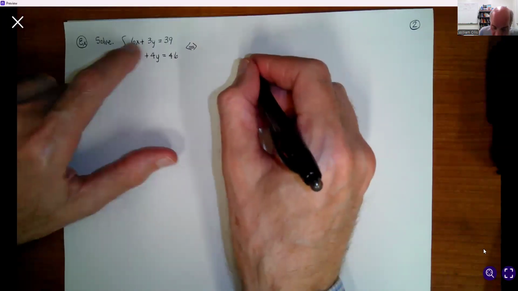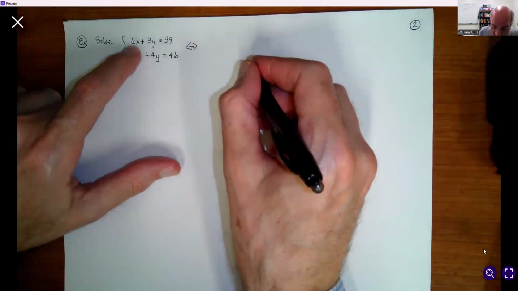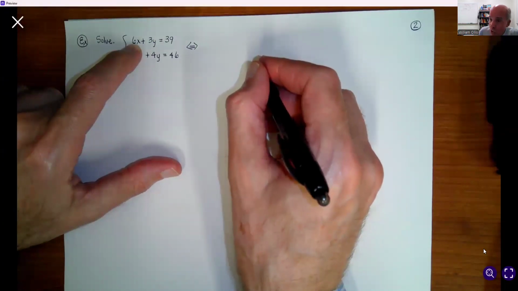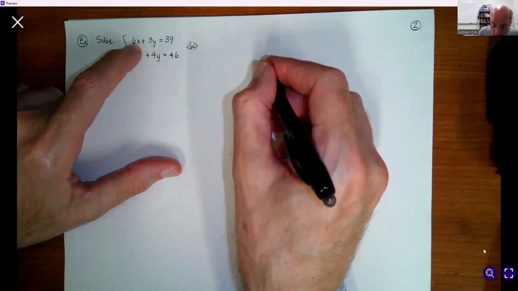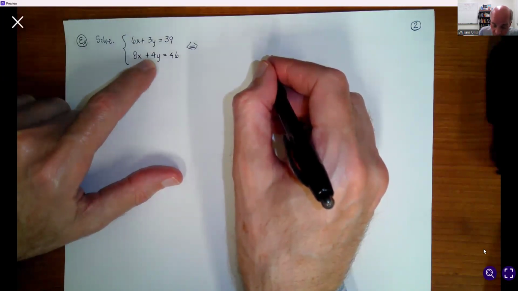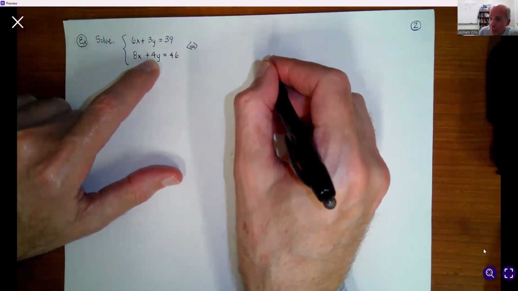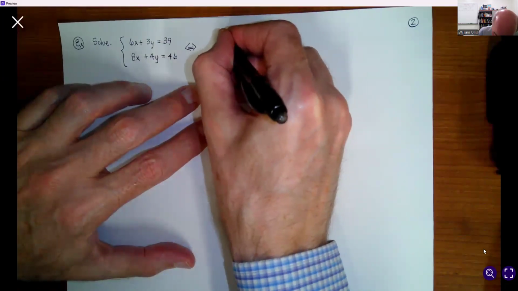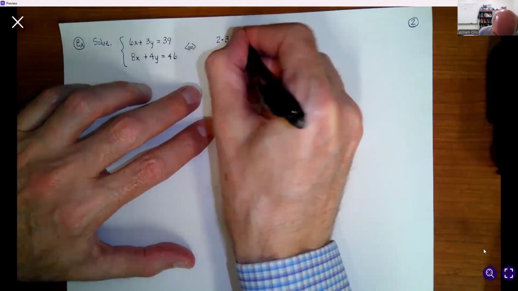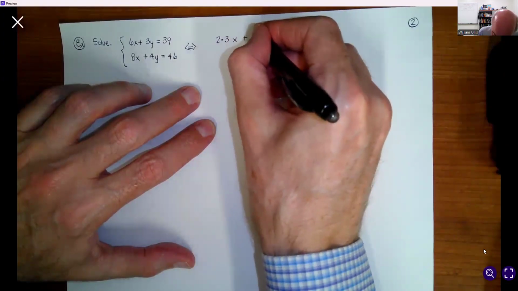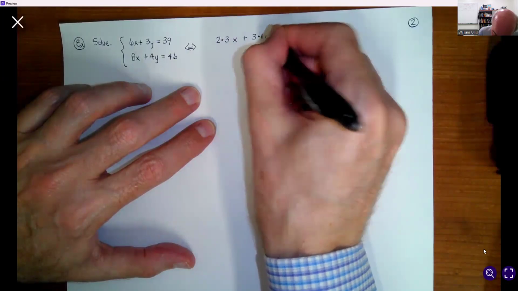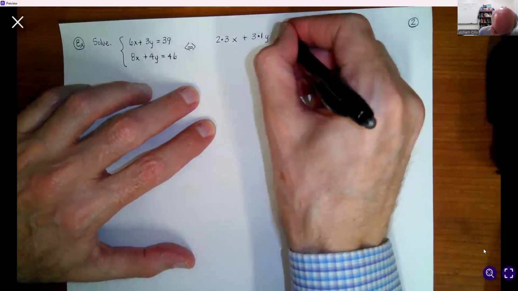We can factorize all of these numbers, especially in the first equation, to exhibit the 3 that's common to all of the terms, and we can factorize here to exhibit the 2 that is common to all of the terms. So let's do that. So we have a 3 times 2x plus, and I'll just put the 1 in for emphasis, 3 times 1y, you don't have to.